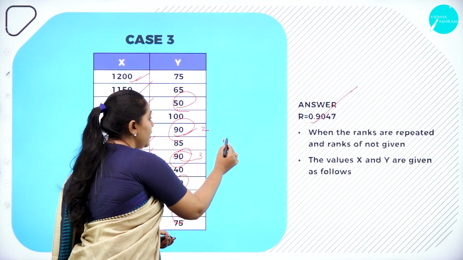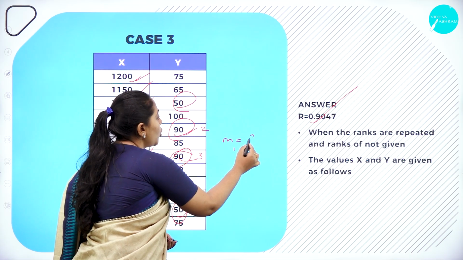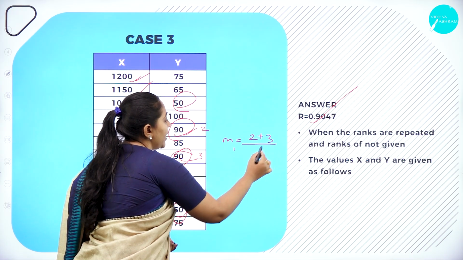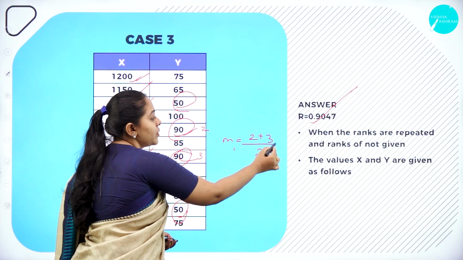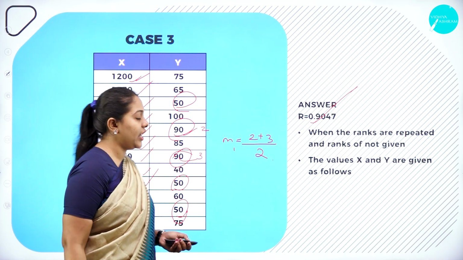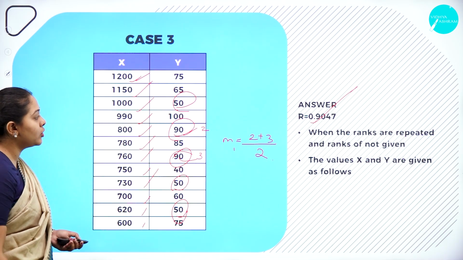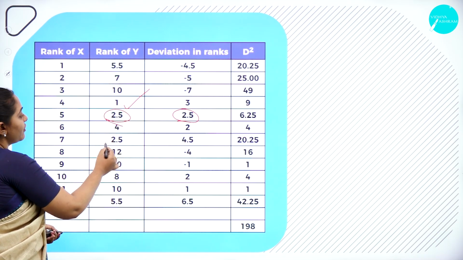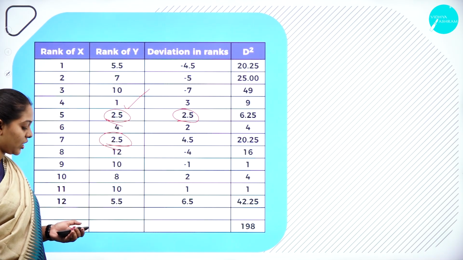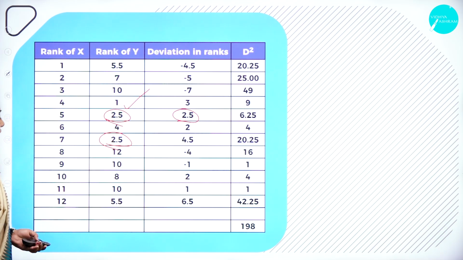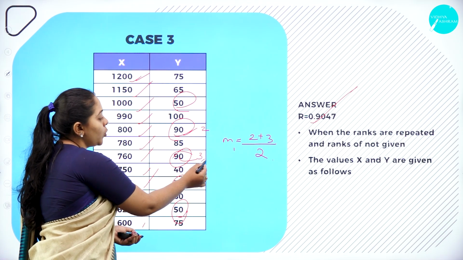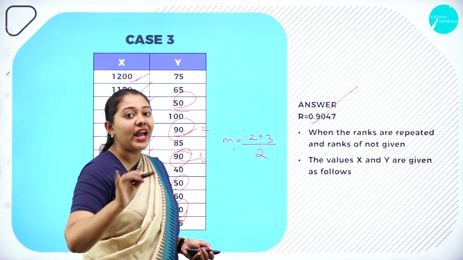So M1 will be how much? 2 plus 3 divided by 2. How many numbers? 1, 2. So we are dividing by 2. 2 plus 3 divided by 2 is 2.5 and 2.5. And the next, number 3 is over. What is the next rank? We have 4.